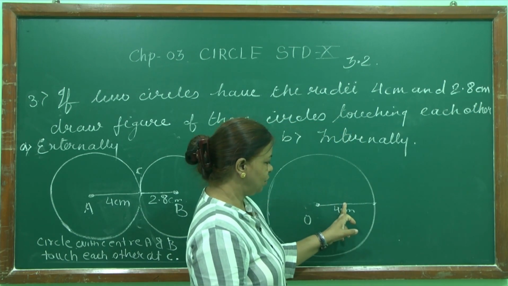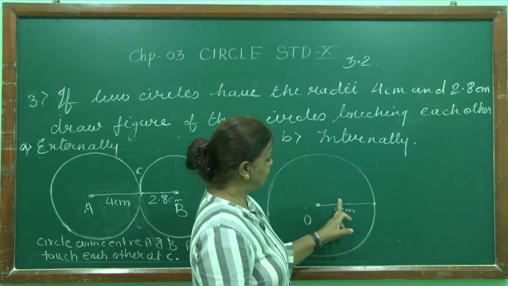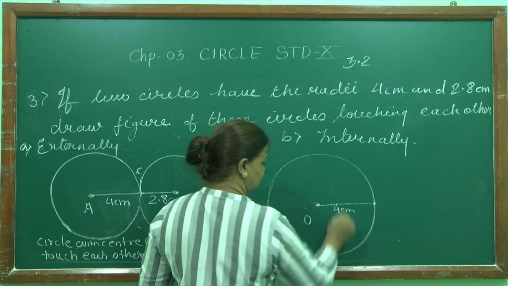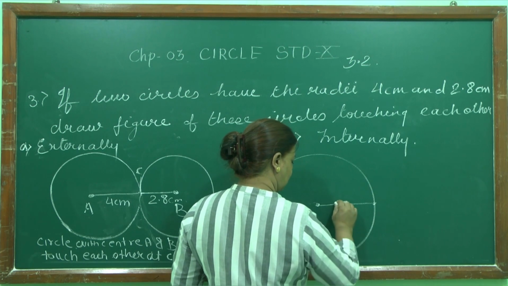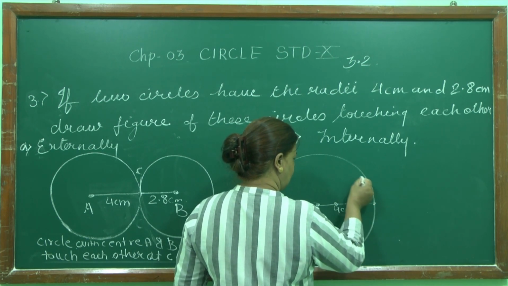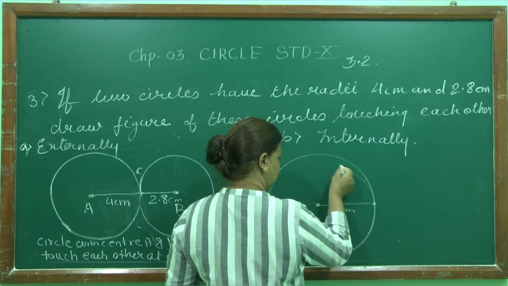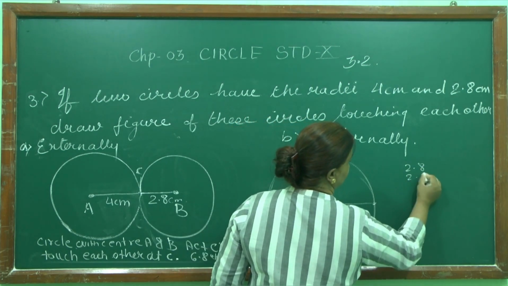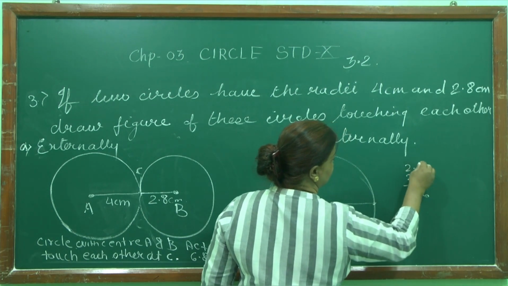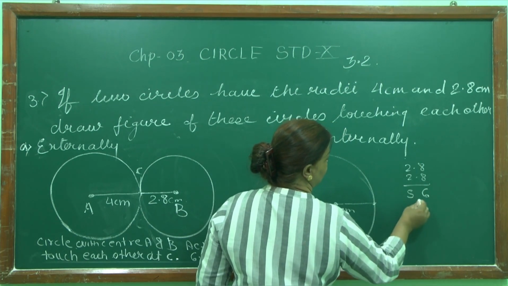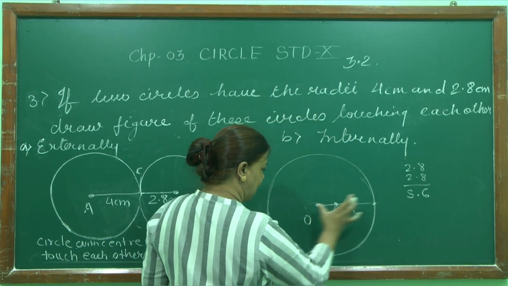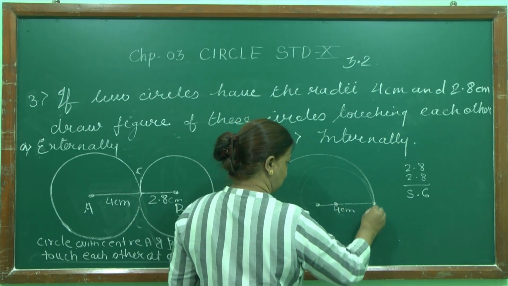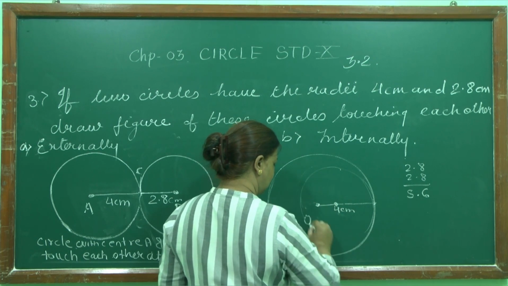Now half of this will be 2. So it has a radius 2.8, which means it will be more than this. So somewhere here the center would be, and we need to draw the circle. 2.8 and 2.8, it will be 5.6. So the diameter will be more than this. You understood what I mean to say?